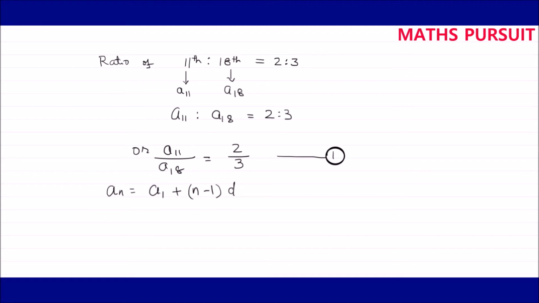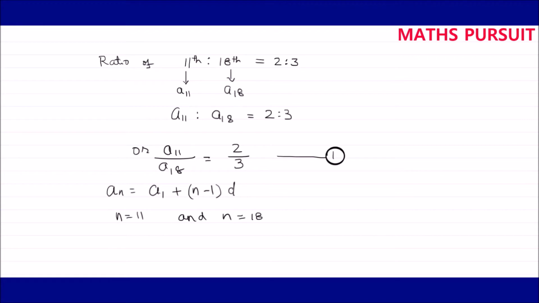So guys, here instead of An, our n value is 11. There are two things they have given. The n value is 11, and also we will consider what happens when the n value is 18.